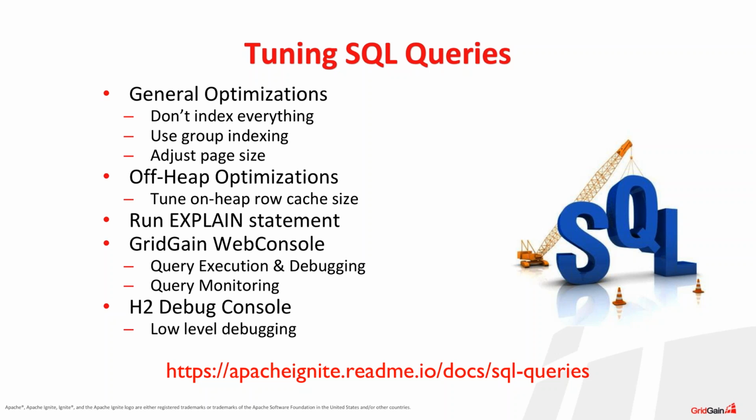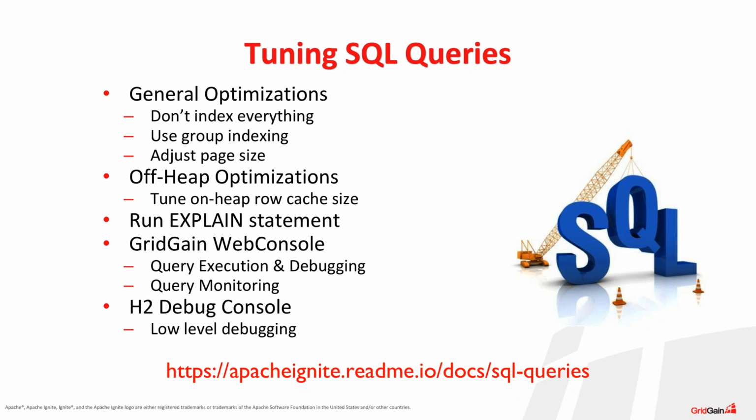There is also the H2 debug console. Ignite uses H2 under the hood for query execution, and you can use the H2 debug console to connect directly to the H2 database running inside the node. This gives you some capabilities for low-level debugging of your queries.